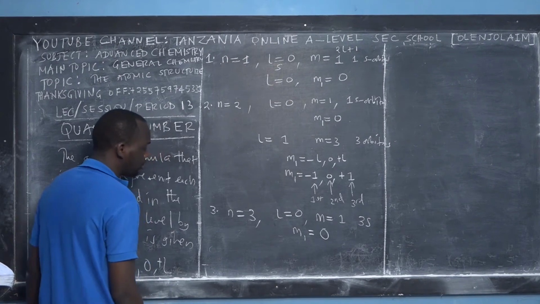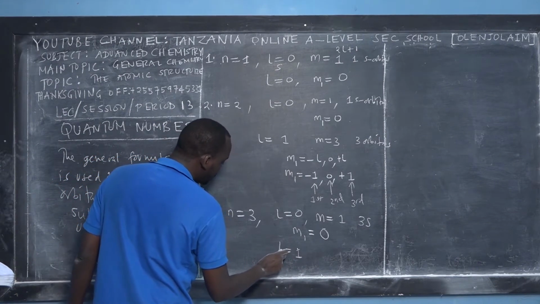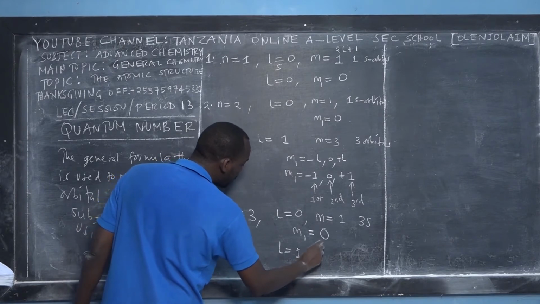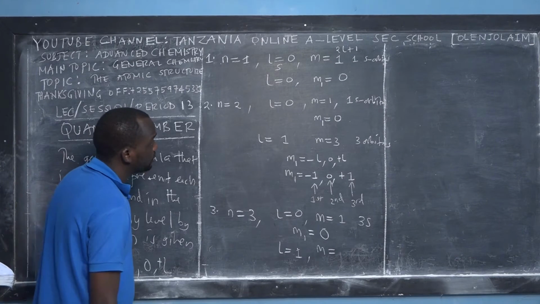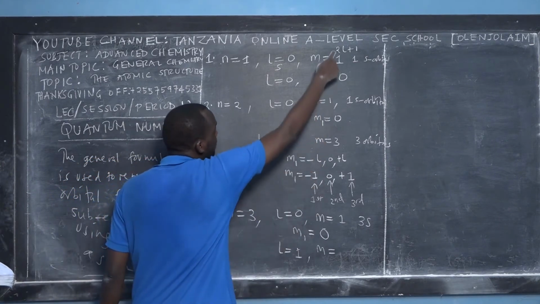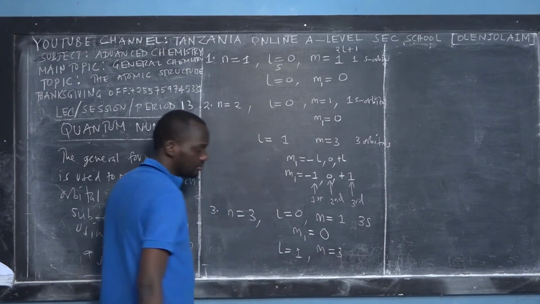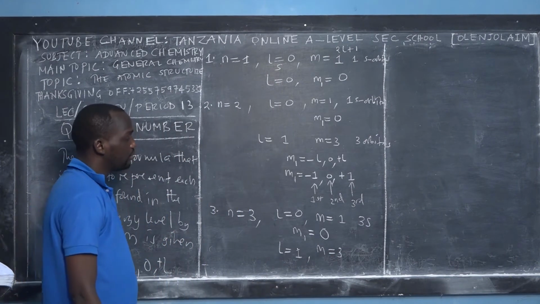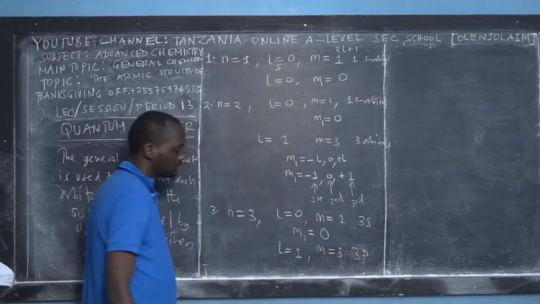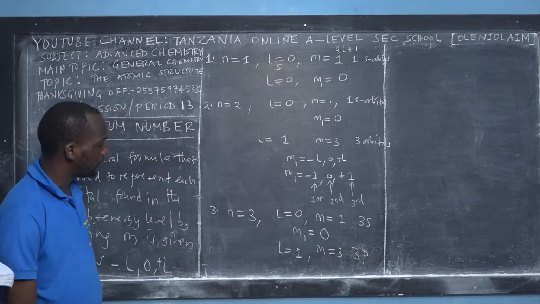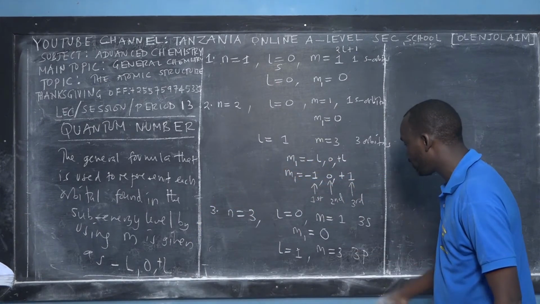Then we go to when L is equal to 1. So when L is equal to 1, if you are looking for the total number of orbitals, take 1, multiply by 2, get 2, plus 1, we get 3. So here also we say that we have 3 p orbitals. But now, we want to know the representation of these 3 orbitals.